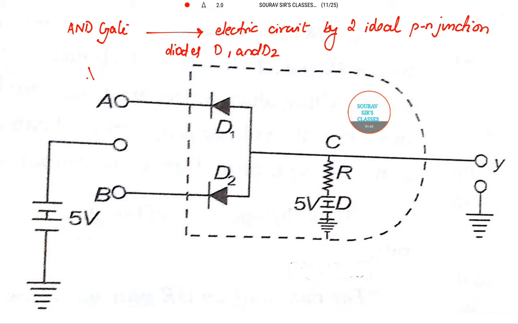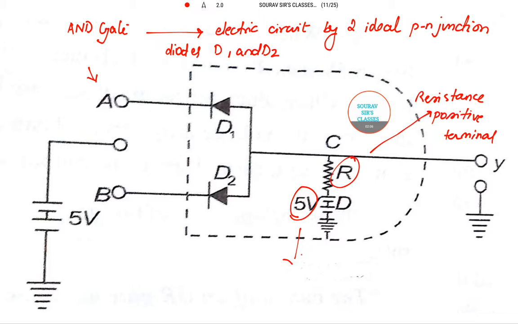And this is the diagrammatic representation of the circuit. Now the resistance R is actually connected to the positive terminal of a 5V battery permanently. So the word permanently is important.